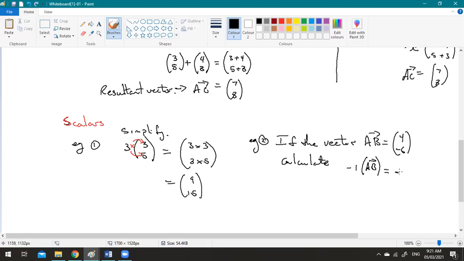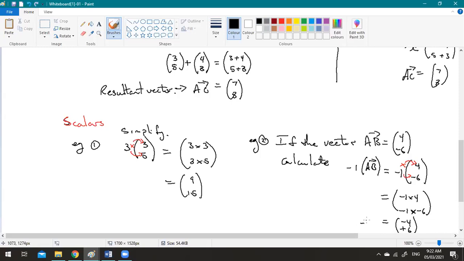So -1 AB, with -1 by 4 over -6. We're multiplying the -1 by both terms. So -1 by 4 over -1 by -6. And -1 by 4 is -4, and a negative by a negative is a positive, 1 by 6 is 6.